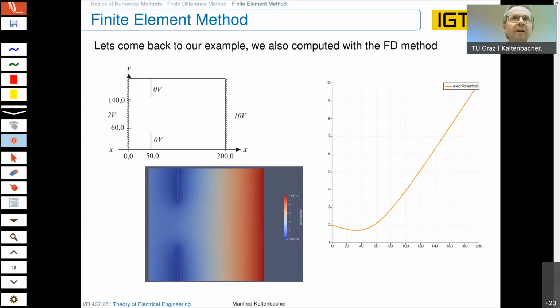In this case, it's the same. That is because we have no deformed elements. We have all these nice rectangular elements where you can apply this simple 5-point stencil for the finite difference method, and there you will really get the same solution.